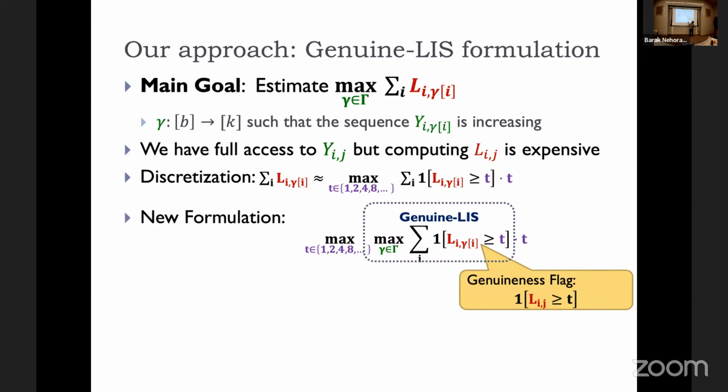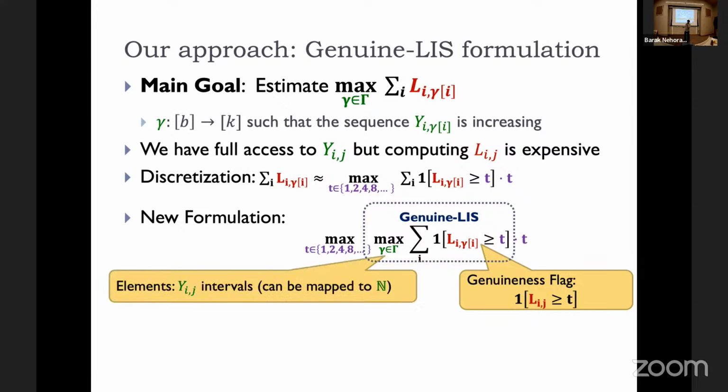You think about gamma ranging over these intervals Y. Now you think about these intervals as being the elements, and we're doing LIS over these elements. Sorry, the intervals are the elements. There are bigger elements, right? We are doing LIS.